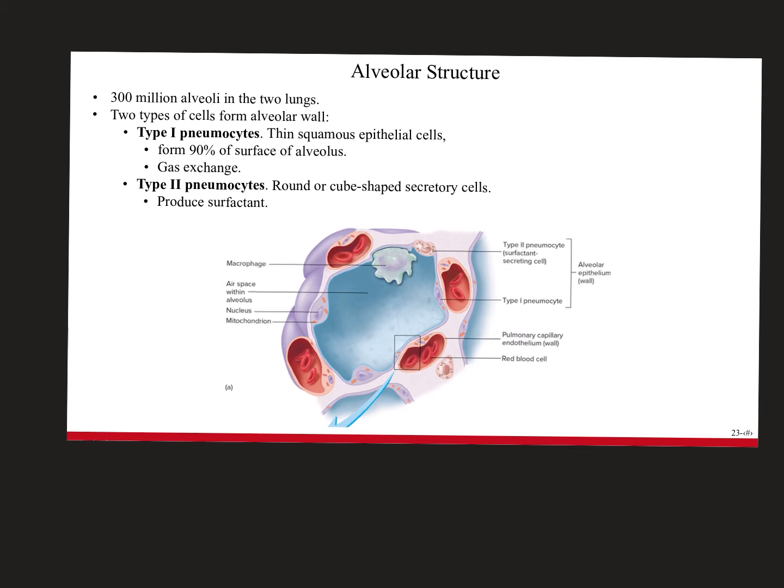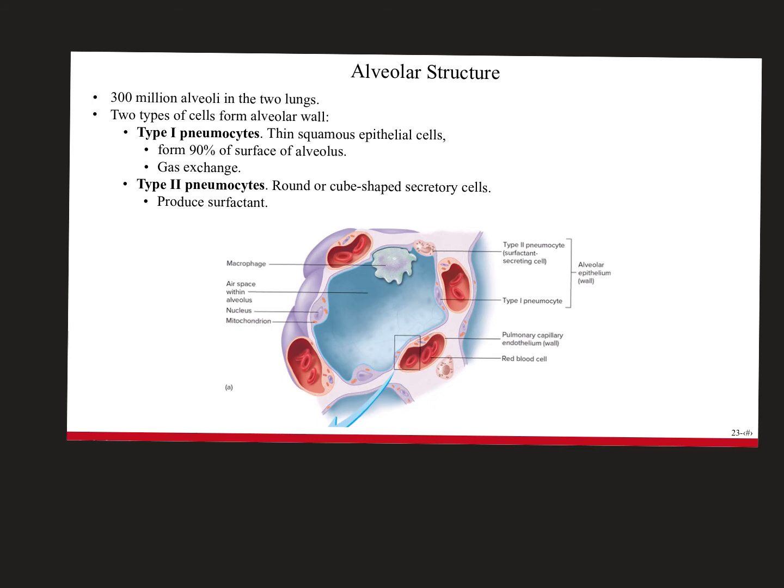Cyte would be cells. So pneumocytes would be lung cells or cells that maintain some sort of function in the lungs, right? Each of these cell types have a very specific job.